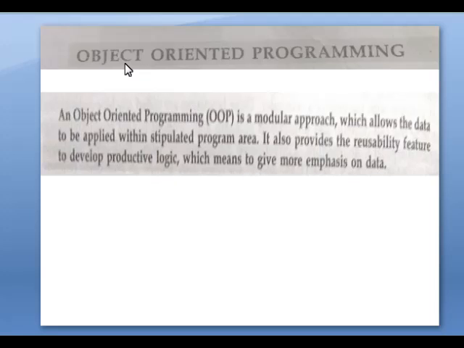So in object-oriented programming, we are giving more importance to the data. Okay. So in procedure-oriented programming, we are giving more importance or more emphasis to functions. So this is the main difference between object-oriented programming and procedure-oriented programming.